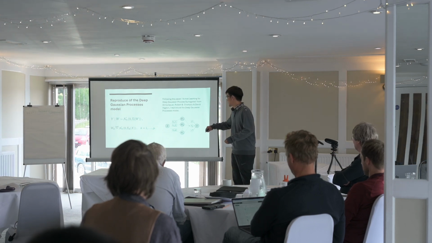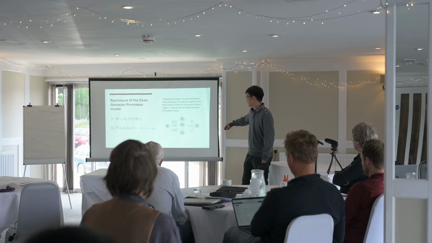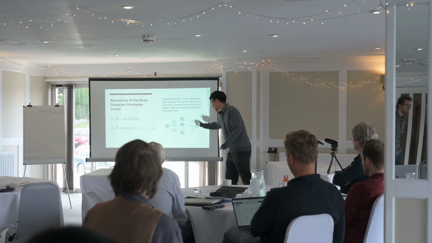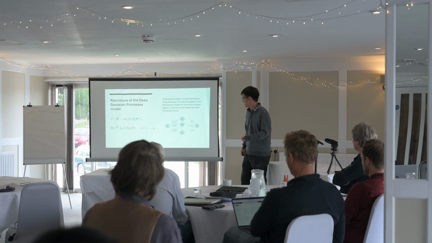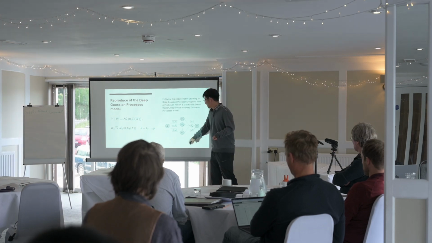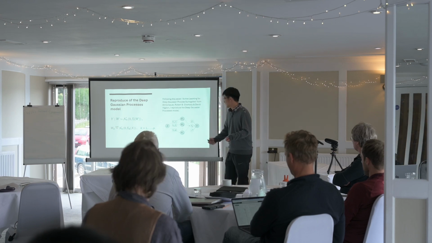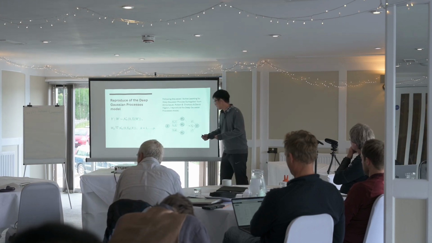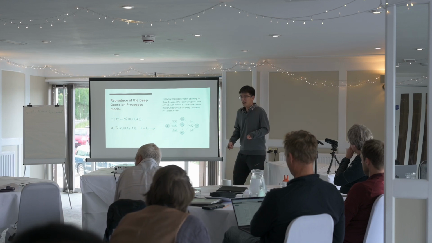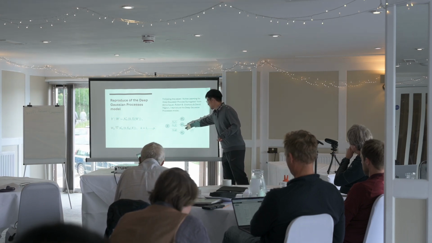According to their paper, I reproduced the deep Gaussian process model, as you can see in this graph. This is one of the simplest versions of a deep Gaussian process model. This is the input X, and it passes through several GP models, each of which has its own parameters, theta W1 to theta WP.